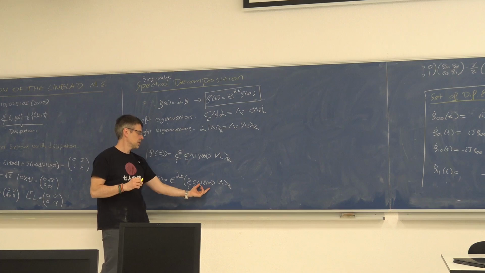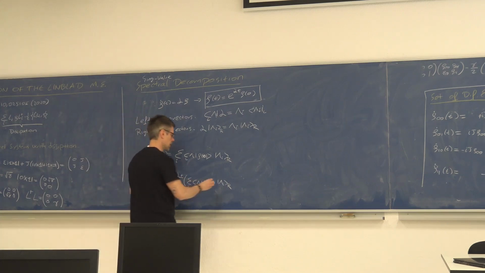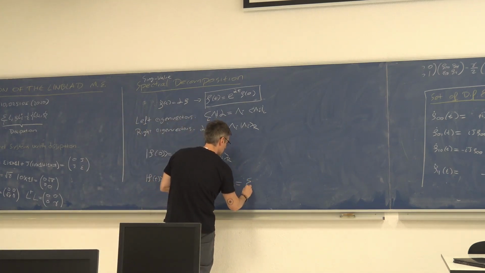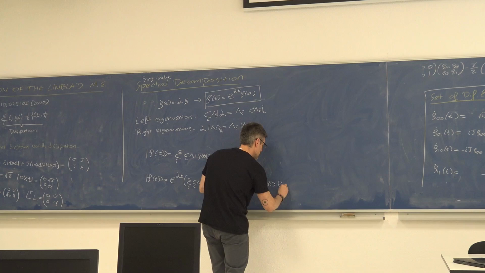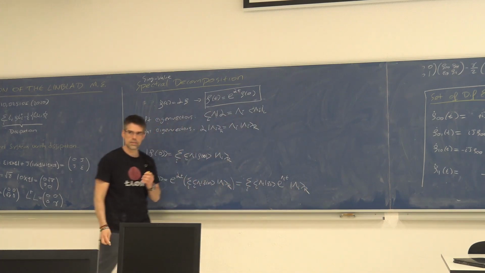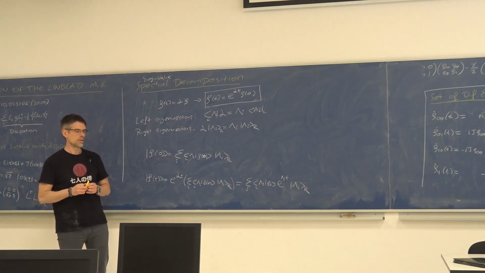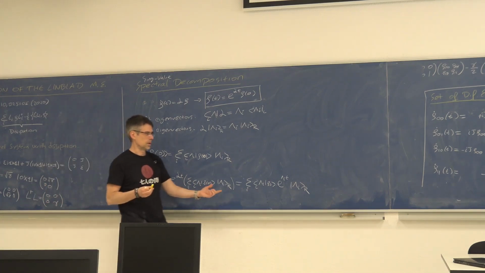This is just a constant, and as these are the eigenvectors of the Liouvillean, what we get is just the sum over i of the left eigenvector of i with rho_0, times exponential of lambda_i t, times the right eigenvector. Okay? And you can propagate your initial state to any arbitrary time just by applying this formula.